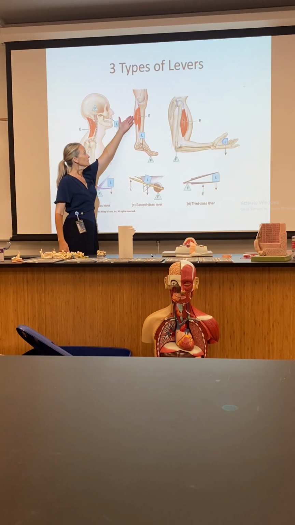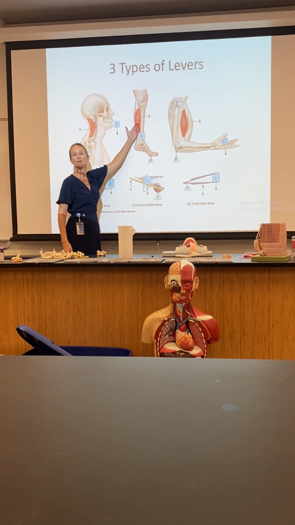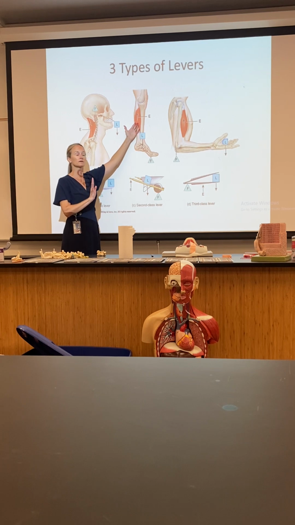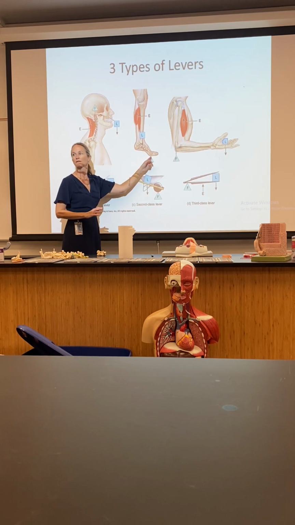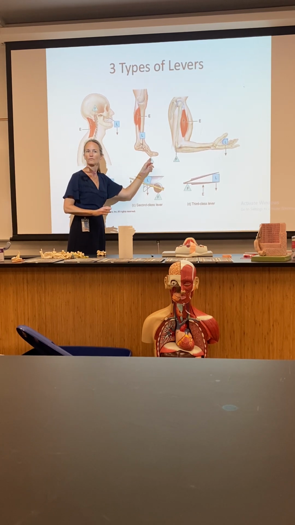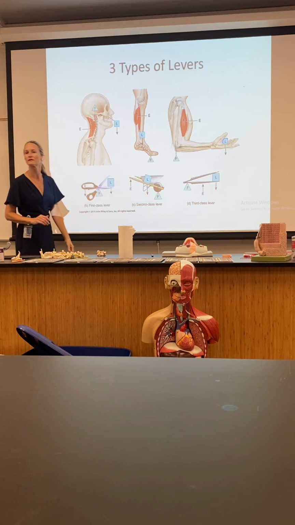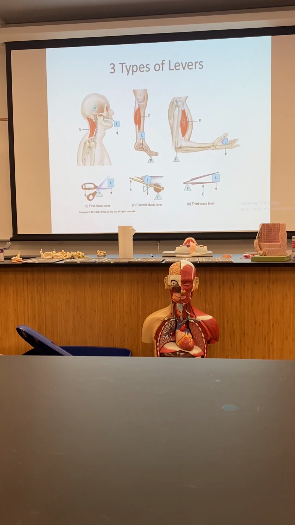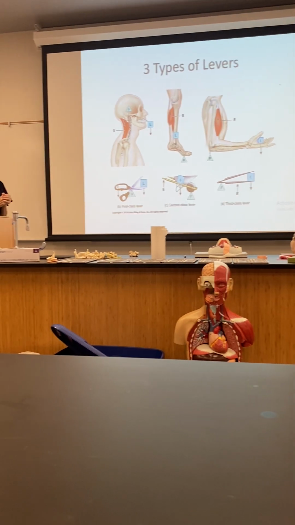The muscle is back here, posterior to the tibia, and the pivot point is up on your toe. That's your fulcrum point. So that tiny little gastrocnemius muscle is able to lift almost your entire body weight with a small amount of effort. The second-class lever has the load in the middle, effort and fulcrum on either end.